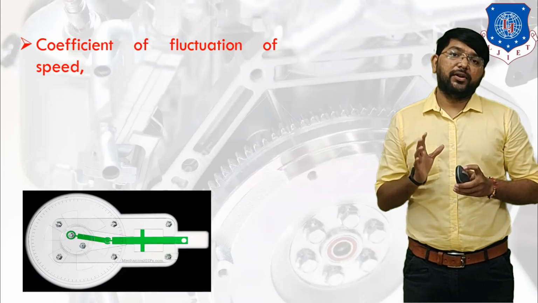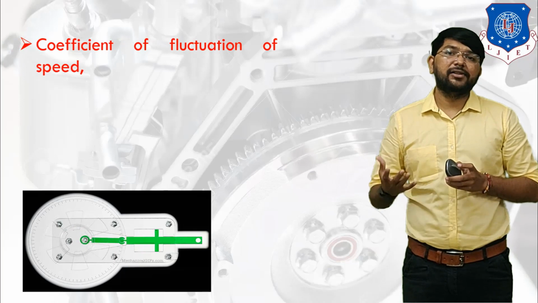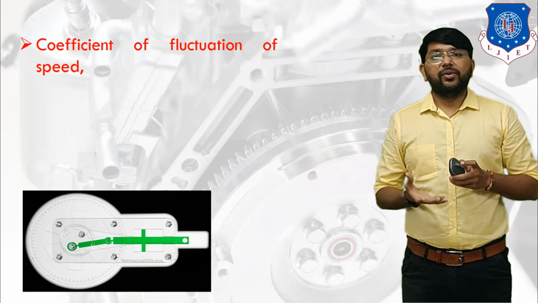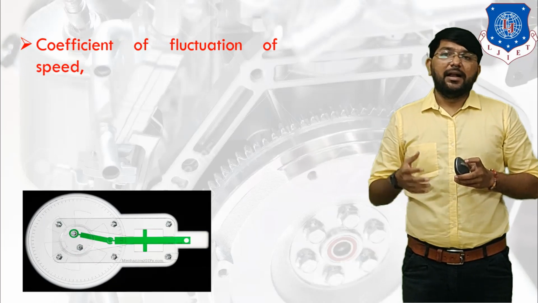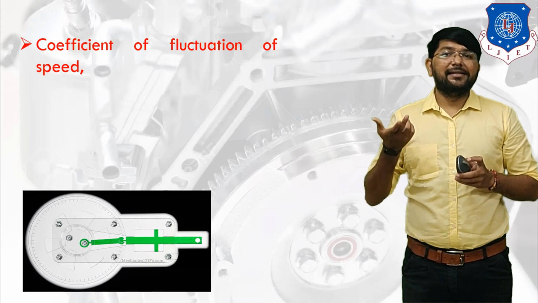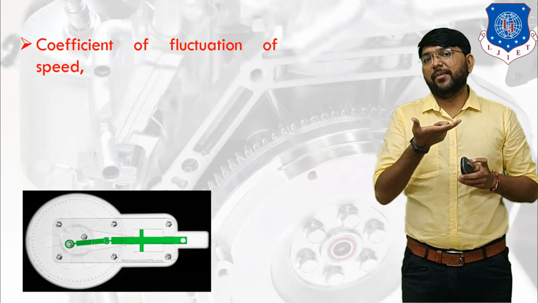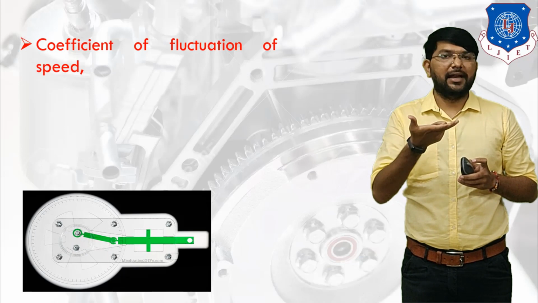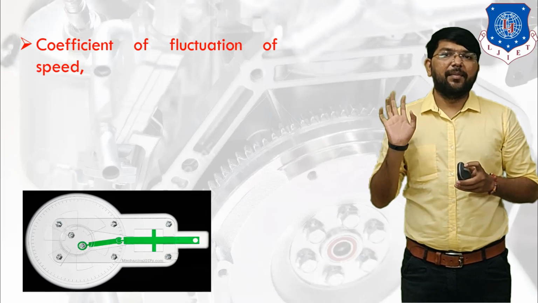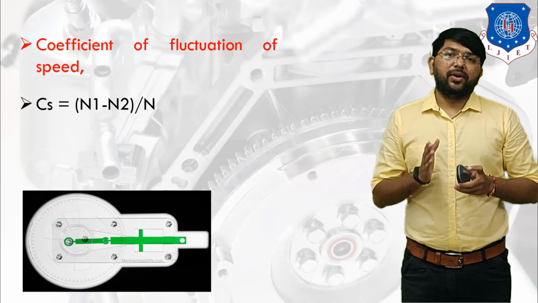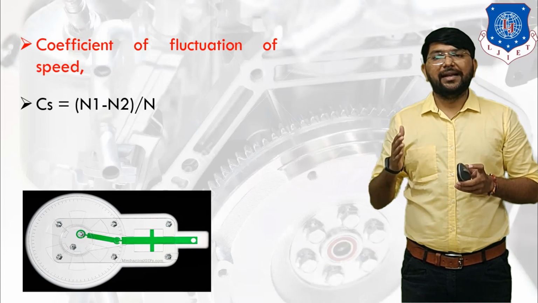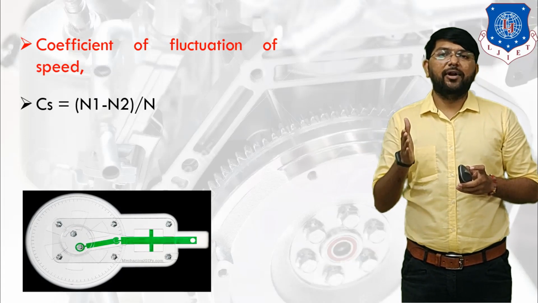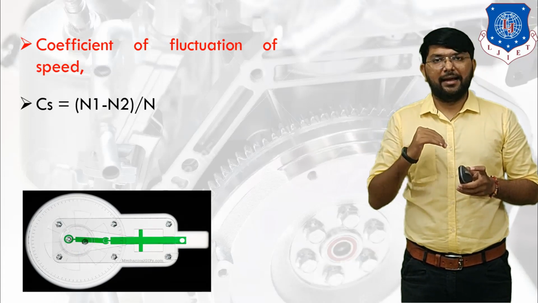Clear? Now as per the definition, the coefficient of fluctuation of speed is the ratio of maximum fluctuation of speed to the mean speed. Maximum fluctuation of speed is the difference between maximum speed and minimum speed, that is N1 minus N2, and the mean speed is capital N. So the equation for the coefficient of fluctuation of speed is Cs equals N1 minus N2 divided by N. Clear?